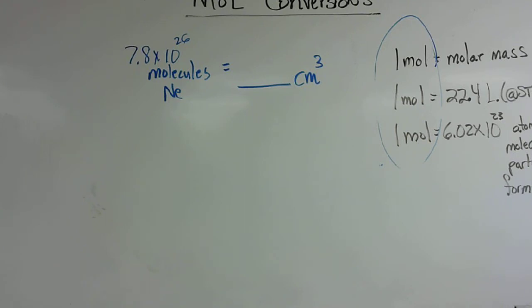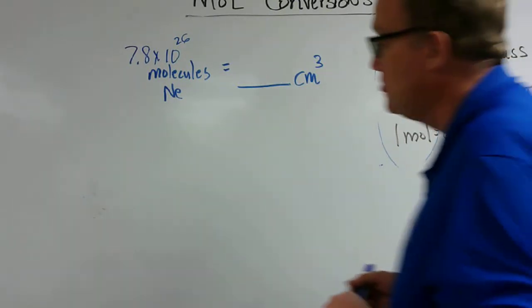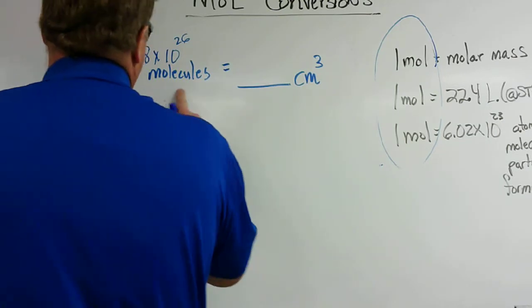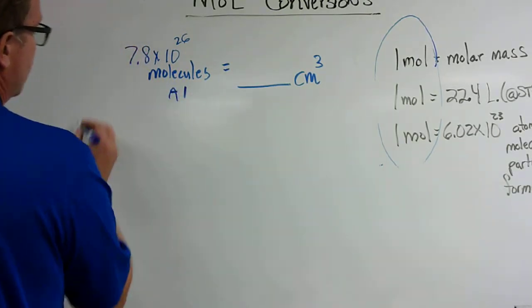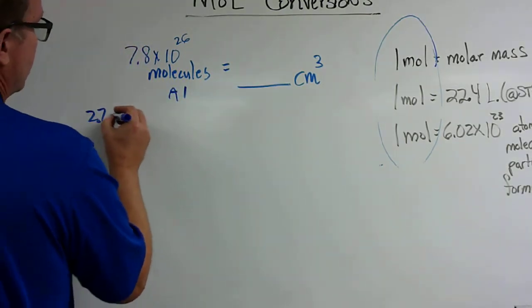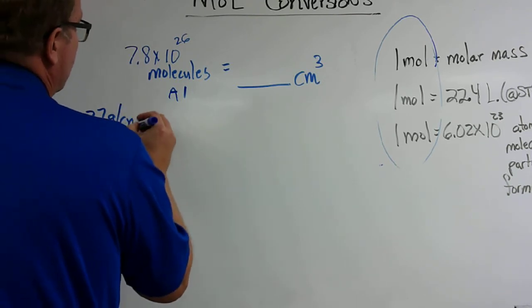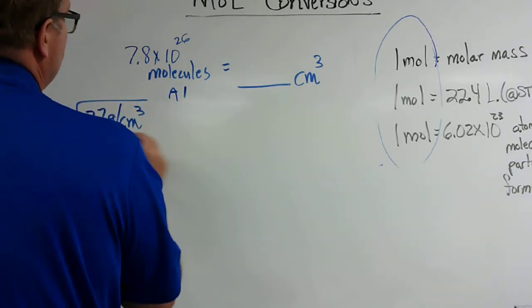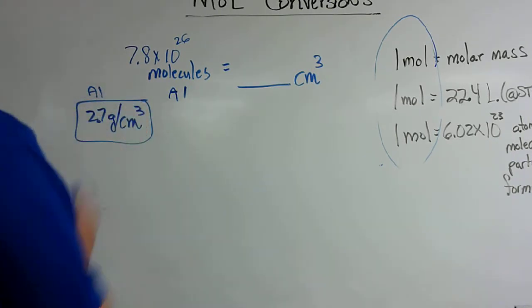If I look at neon, I'm looking for something that is on here. Let's go aluminum. That's going to be 2.7 for my density. So we're going to change this out to aluminum. It works. 2.7 grams per cubic centimeter. That's my density for aluminum.